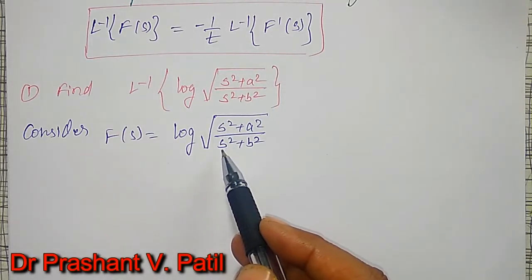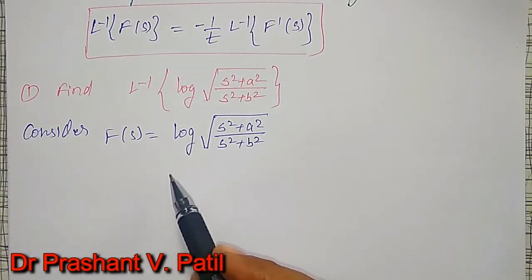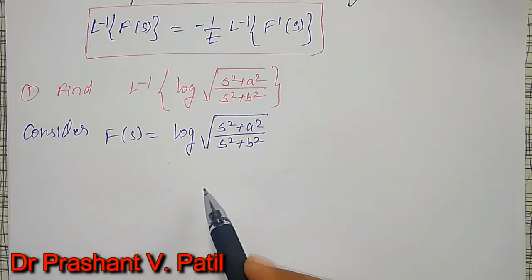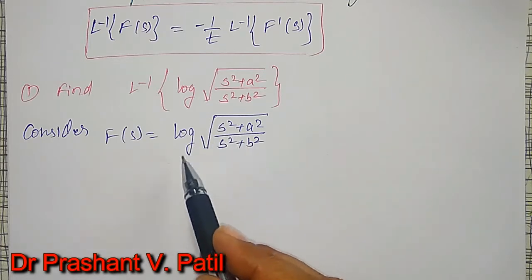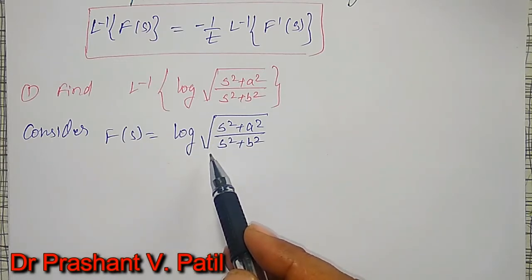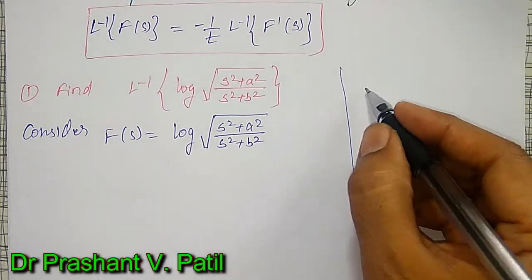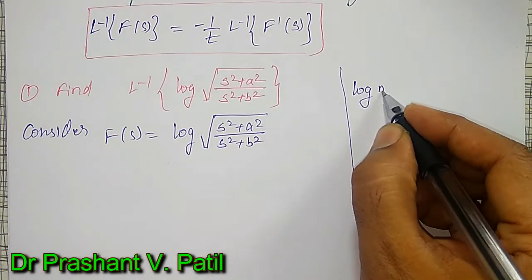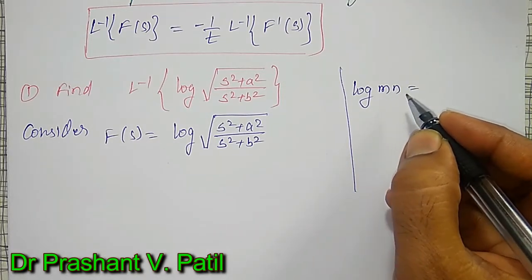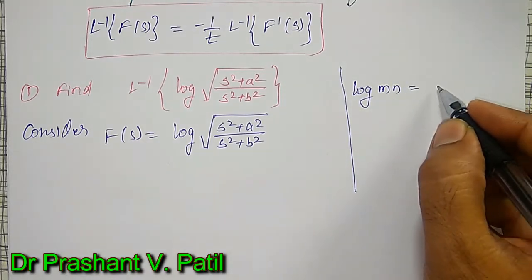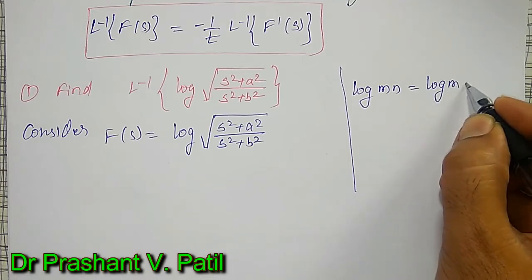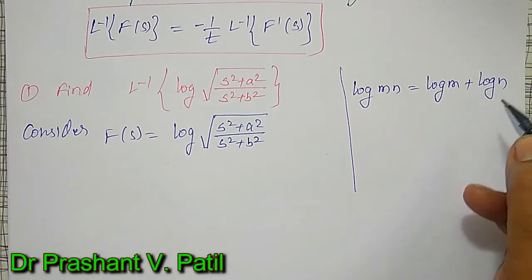its differentiation with respect to s. While differentiating with respect to s, log is there, therefore 1 divided by square root is there. It will become very lengthy to differentiate, so I will split it using the properties of log. What are my properties of log here? Log of m into n, I can write as log m plus log n.